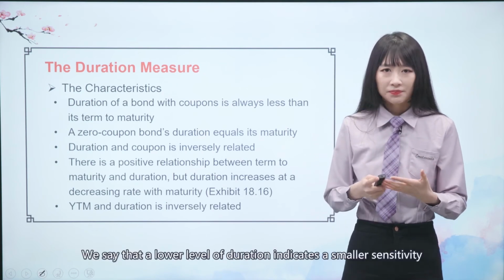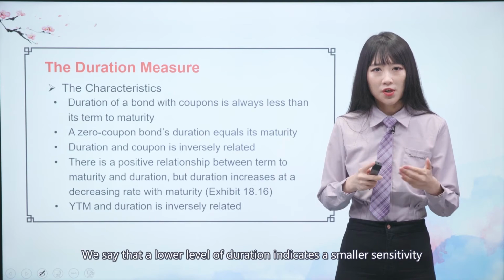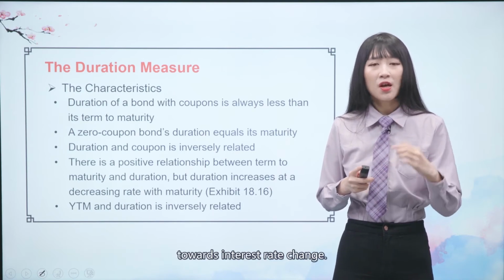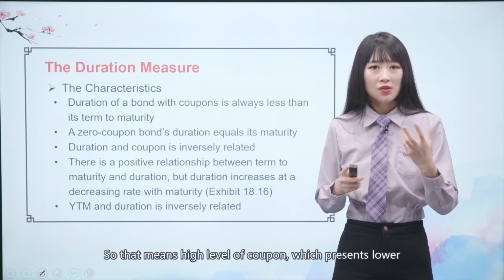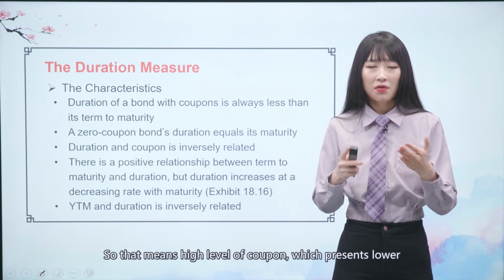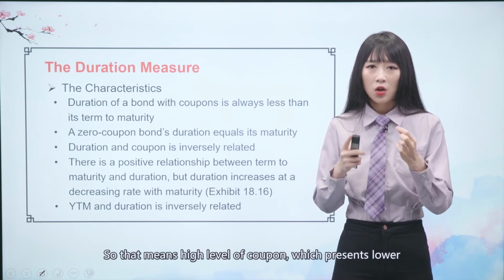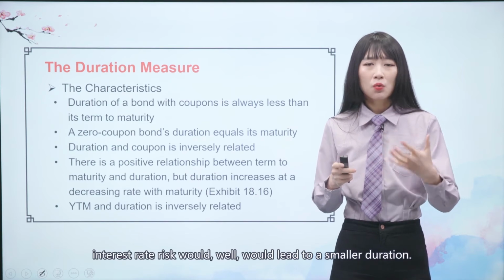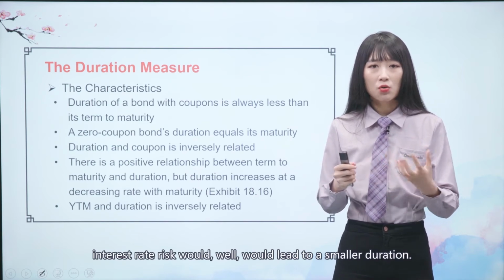We say that a lower level of duration indicates a smaller sensitivity towards interest rate change. That means a high level of coupon, which presents lower interest rate risk, would lead to a smaller duration.